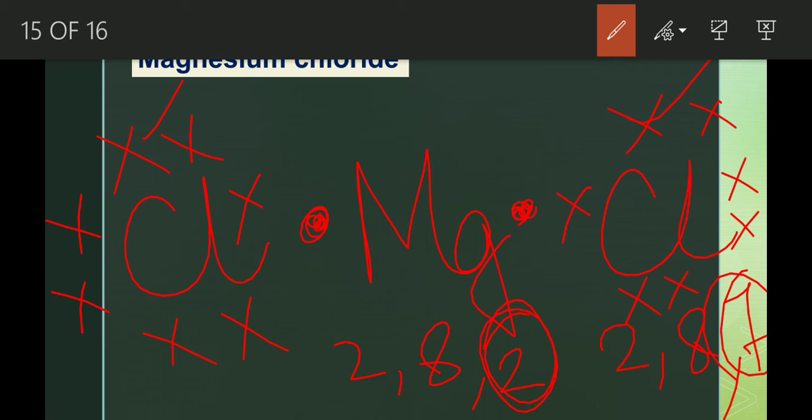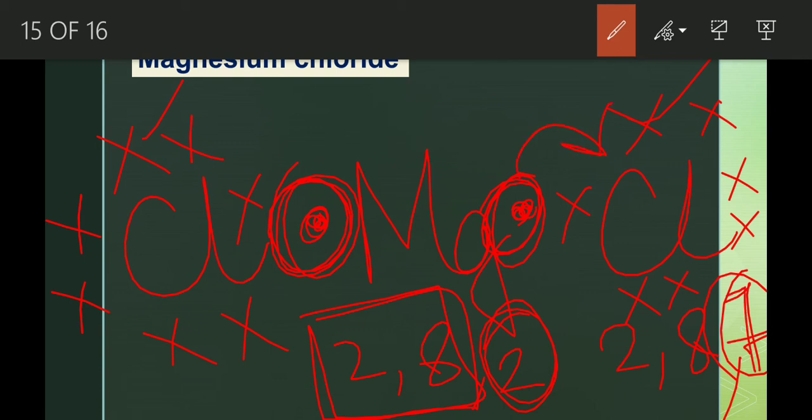Right. What will happen? See, magnesium, so as to attain an octet, a stable electronic configuration, needs to lose 2 electrons. These 2 electrons it will lose just to attain the octet 2, 8. Clear? And chlorine will have to gain 1 electron, right? 7 plus 1 is 8.